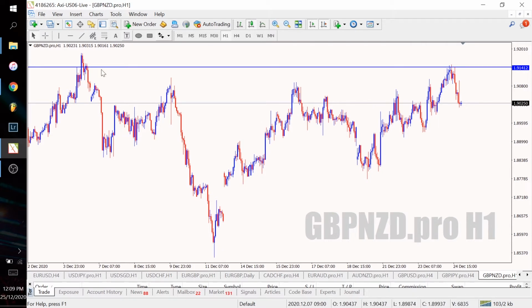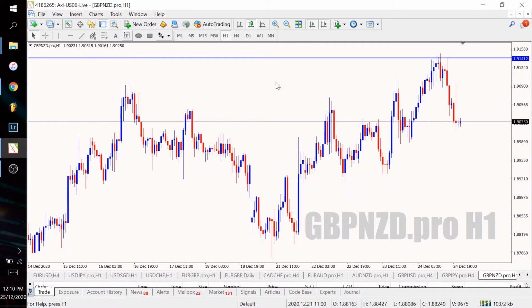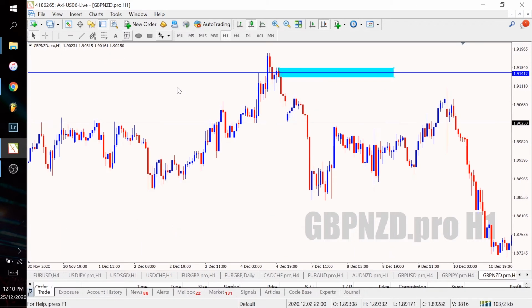Okay, so first of all, I would like to see around this area where we can enter. So it is somewhere along this region. If you're familiar with the king, you can actually use double Maro king right here as an entry.